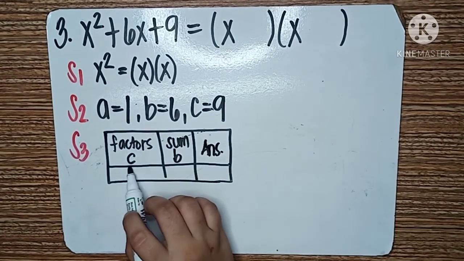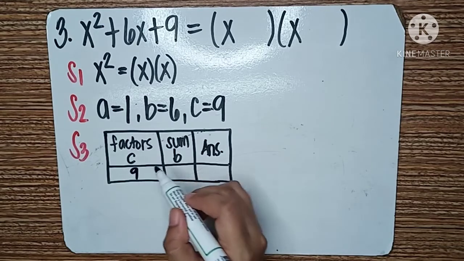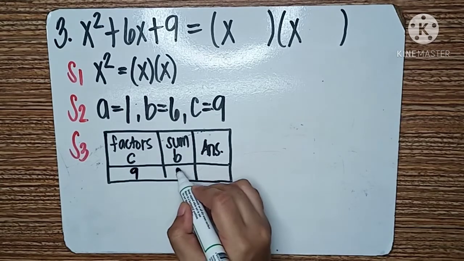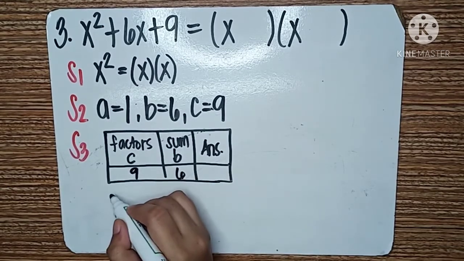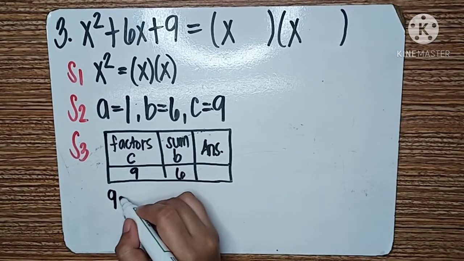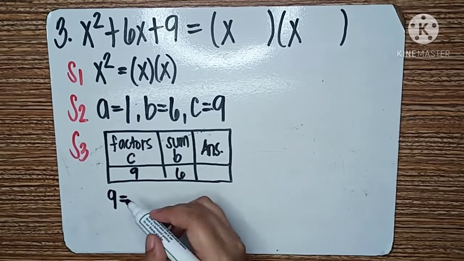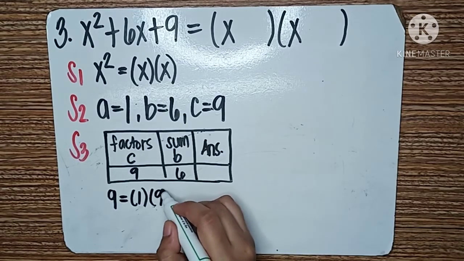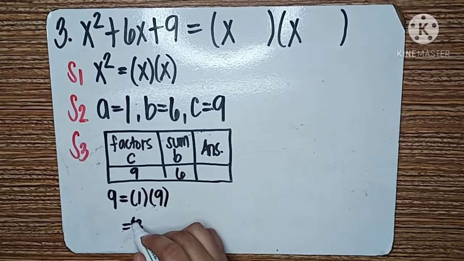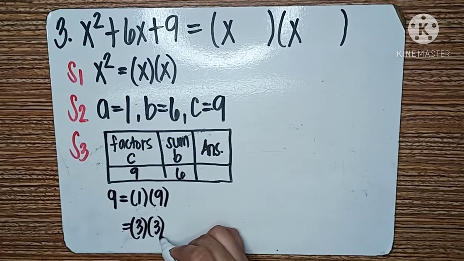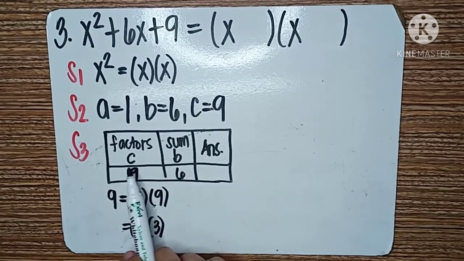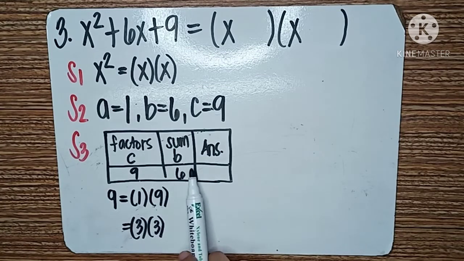Now, the value of c is equal to 9 and the value of b is equal to 6. Then, write down all the factors of 9, which is 1 and 9 and 3 times 3. Since our c is positive and our b is also positive, hindi na natin kailangan mag-negative.